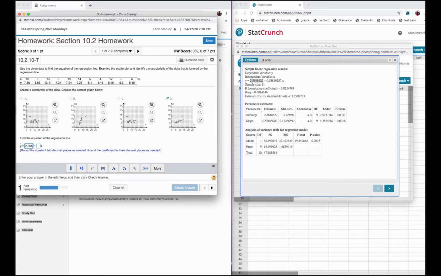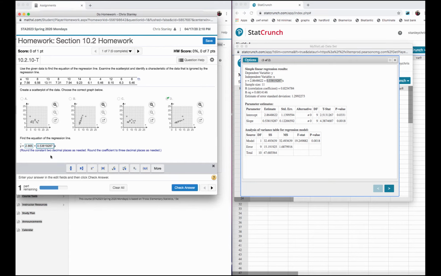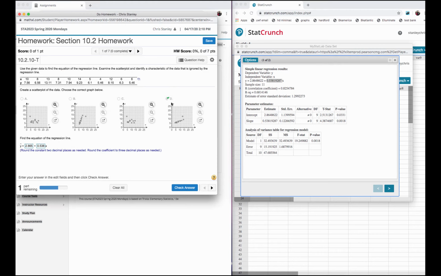4 needs to go to a 5. That stays, and something went wrong. Oh, 2 decimals. Great.